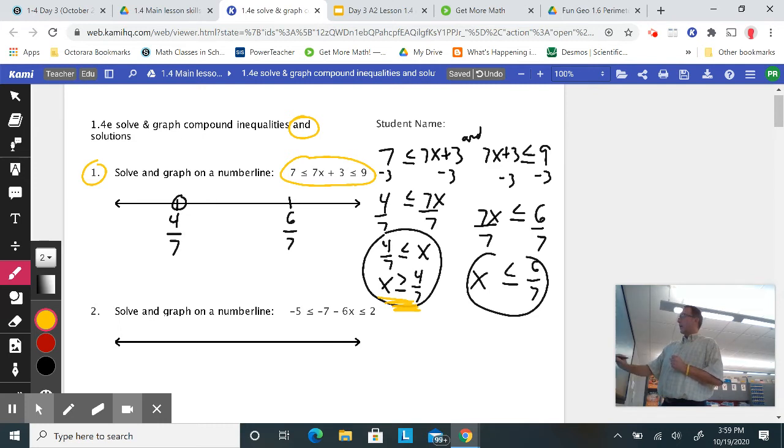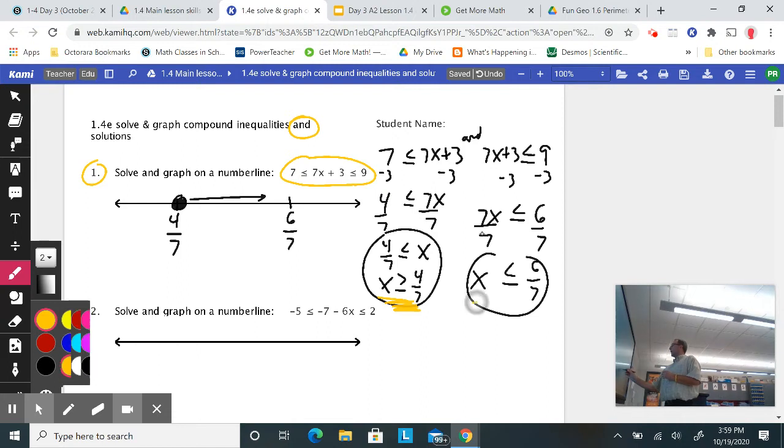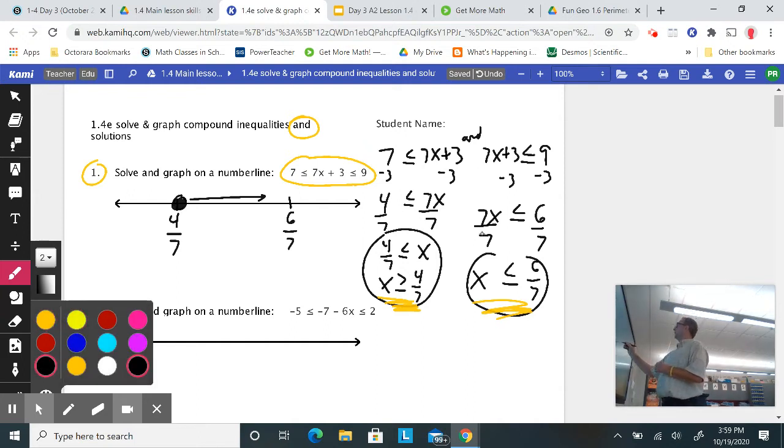So I'm going to grab my color here. I'm going to shade that in because it can be equal to, and everything then would be shaded to the right. Then I have the other part of this compound inequality where it says x is less than or equal to 6/7. So I circle the 6/7.